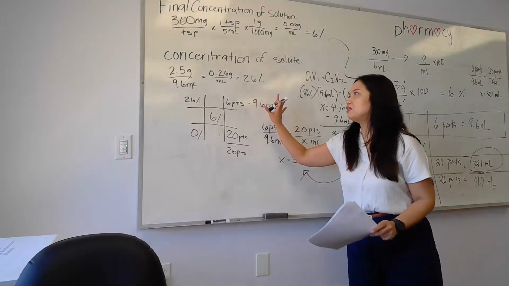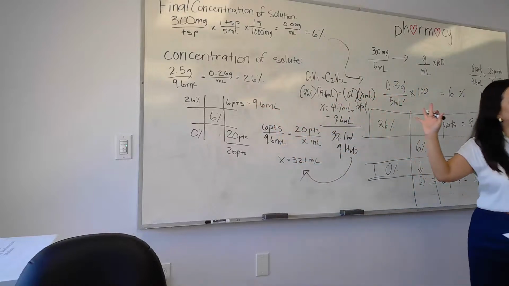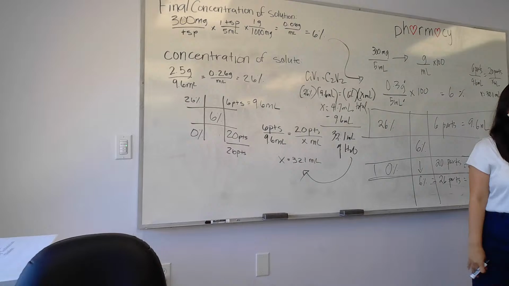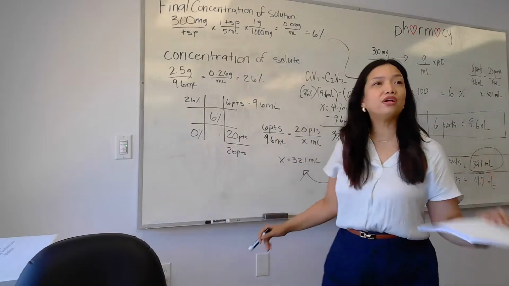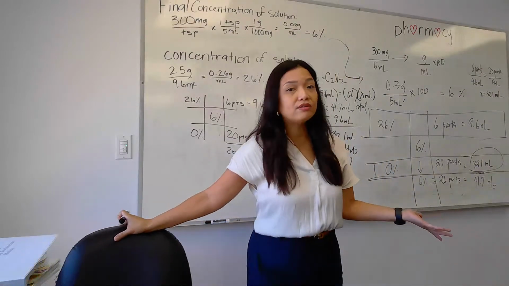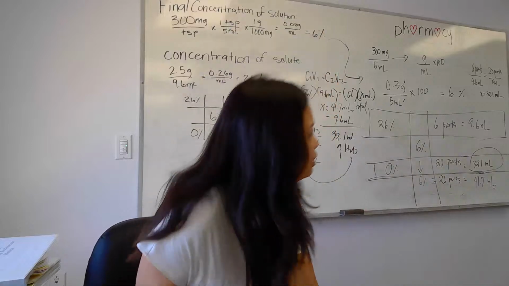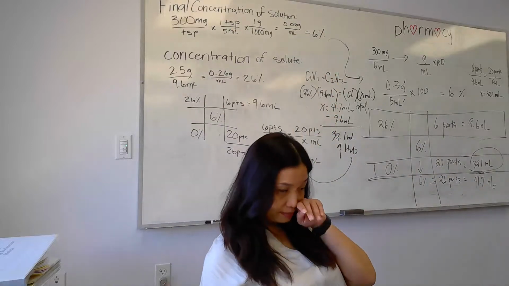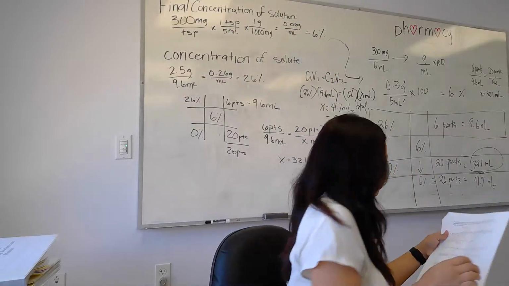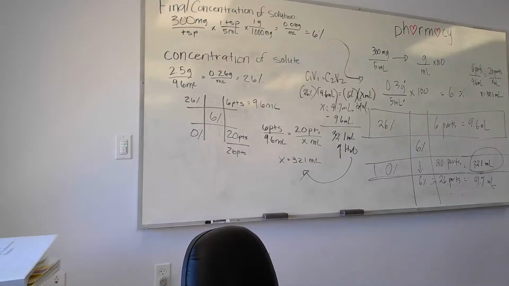If this wasn't given, then like I was starting to do, you can't, okay? But there was a given volume. So I could do C1V1 equals C2V2. Understand this? Number 8.